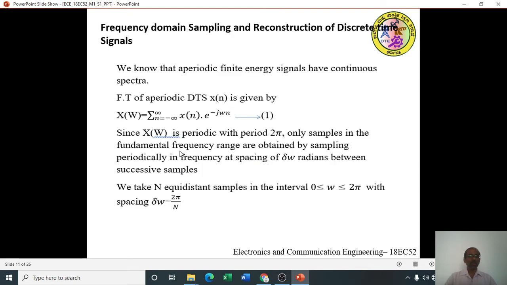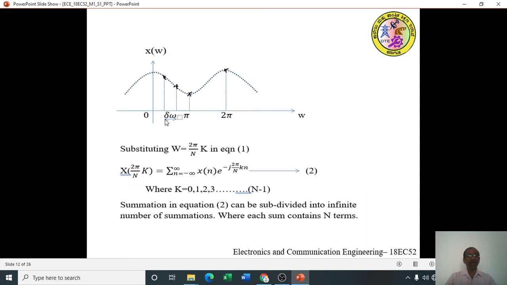Therefore, our equation 1, which is our DTFT formula, now converts to X of 2 pi by N into k equals summation n varying from minus infinity to plus infinity x of n into e power minus j omega n, which was there in equation 1.